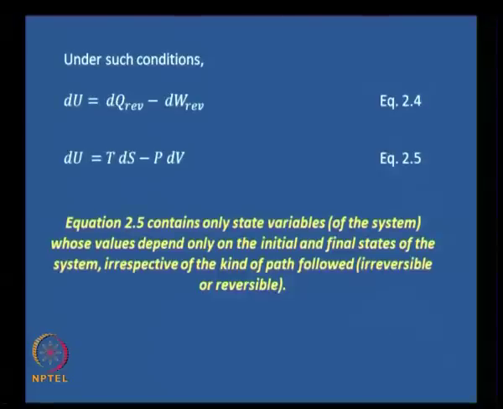Therefore, whether it was a reversible process or not does not matter as far as the applicability of this equation 2.5 goes, or irrespective of the kind of path that is followed, whether it is an irreversible path or a reversible path, this equation 2.5 is valid.